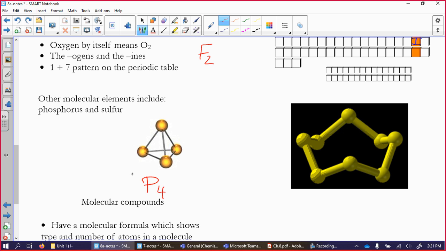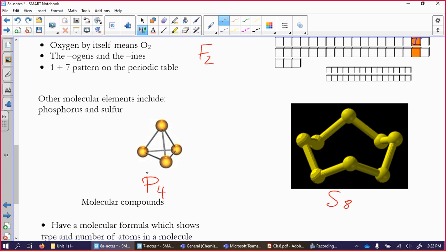Phosphorus can exist as a bunch of things. Some phosphorus is just a boring plain chain, but then you have these neat little tetrahedrons of phosphorus called P4. Sulfur, the stinky stuff, yellow, exists as S8.